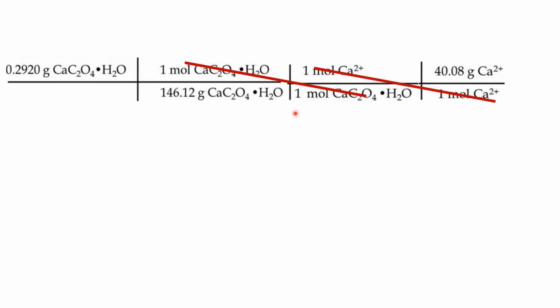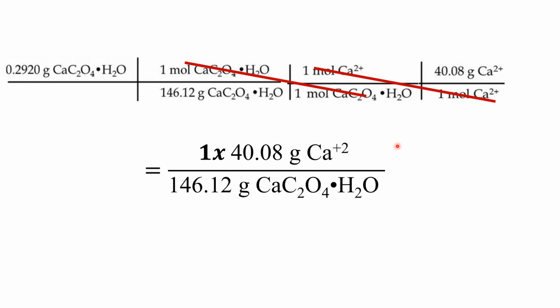So it will reduce to something like this, where 1 here is the ratio of the mole of calcium to mole of calcium oxalate. Take note, 1:1 yan kasi isang lang ang calcium sa calcium oxalate. In other formulas, pwedeng dalawa, tatlo, etc. So you have here N. Take note, 40 over 146. So this is atomic weight of calcium, and this is molecular weight of calcium oxalate monohydrate.